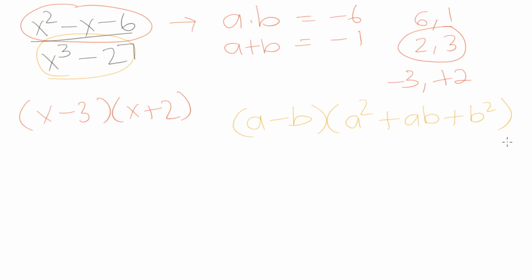So this is our formula here, and we know that our a is going to be equal to x, because the cube root of x cubed is x, and our b is equal to 3, because 3 cubed will give us 27. So now we can just plug in our numbers into here. And let's just write this down at the bottom of the fraction.